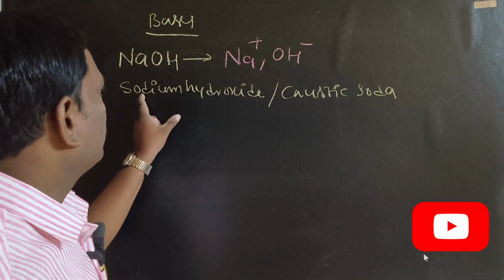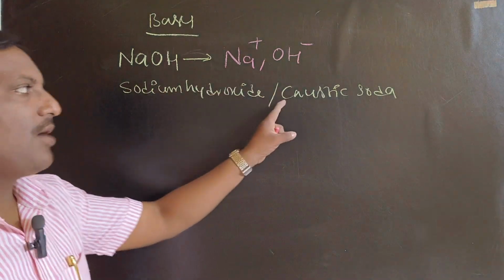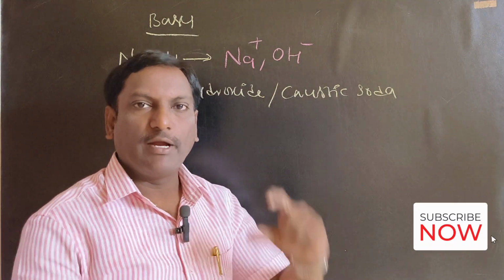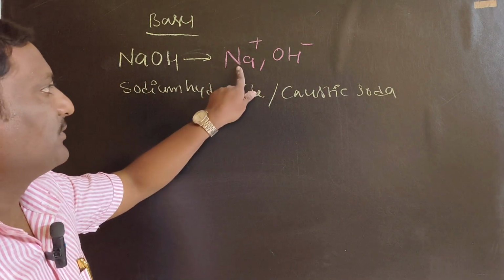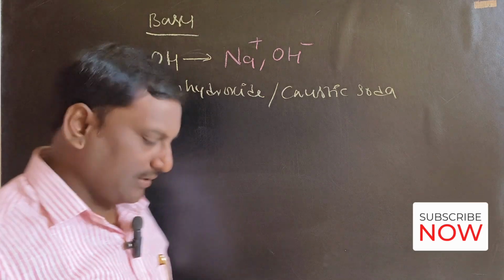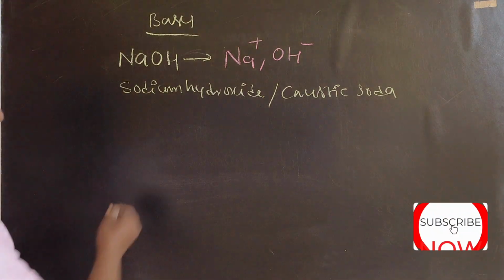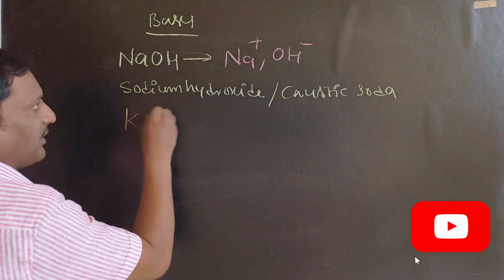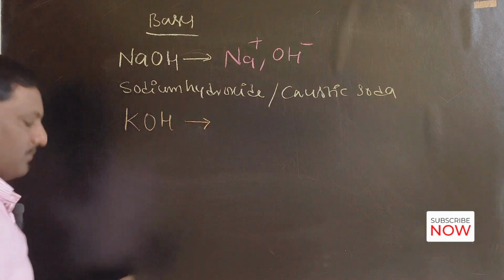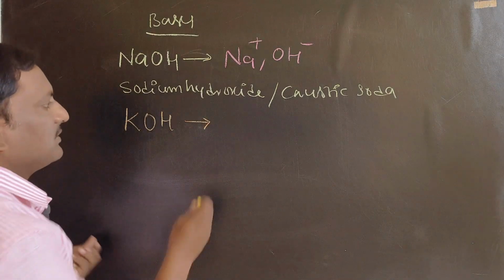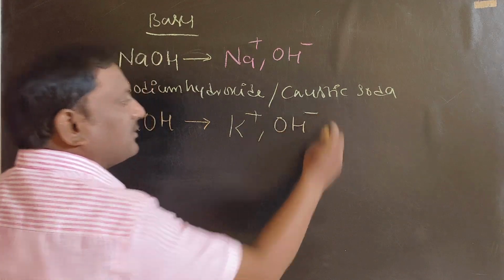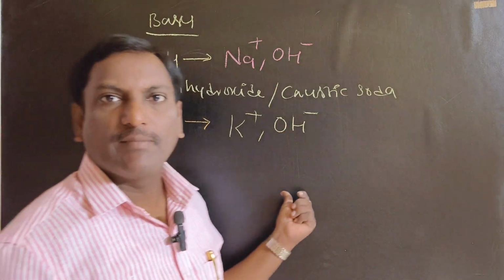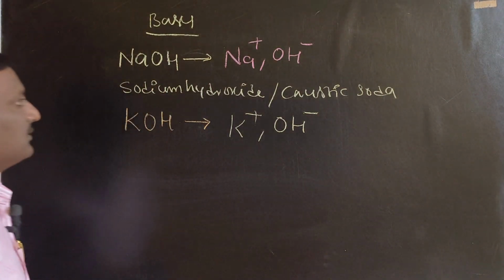Sodium hydroxide, formula NaOH, common name caustic soda. When dropped in water, it splits up into Na plus and OH minus ion. Next one, potassium hydroxide. Potassium hydroxide splits up into K plus and OH minus ion.